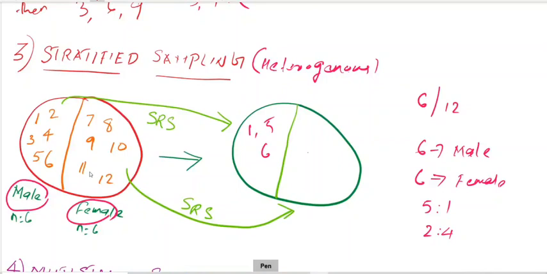Then from the females, 9, 10 and 12. So from each stratum we have taken 3, that is 3 males and 3 females, and finally we got a sample size of 6. This is how we do stratified sampling when the population is heterogeneous.